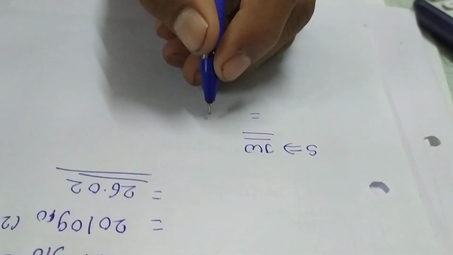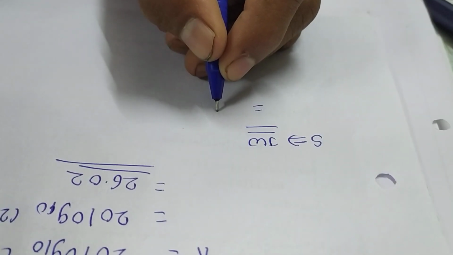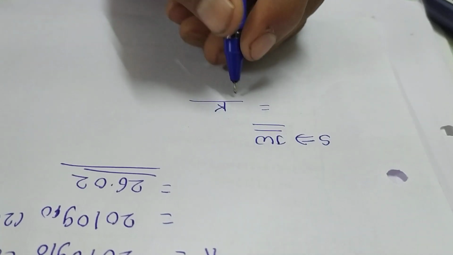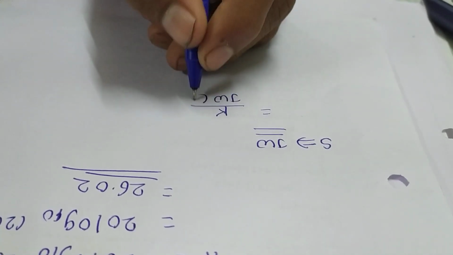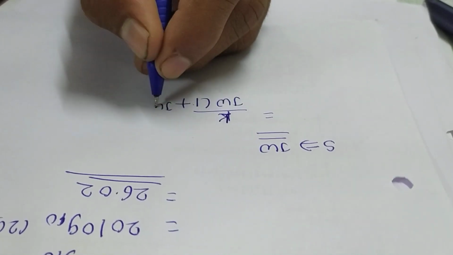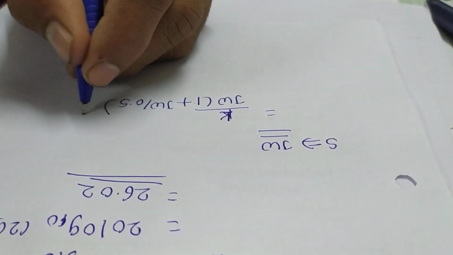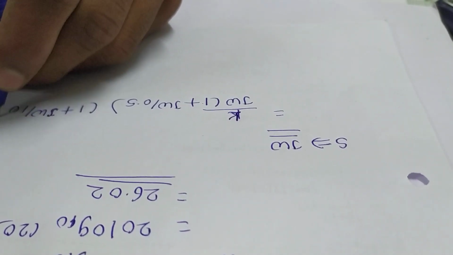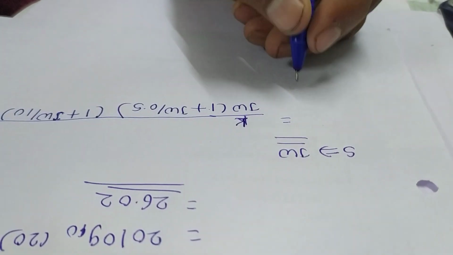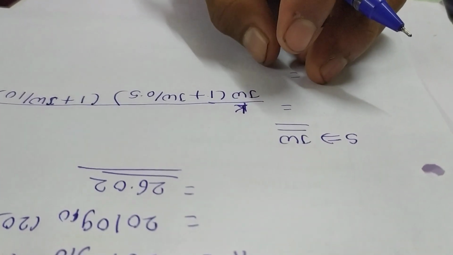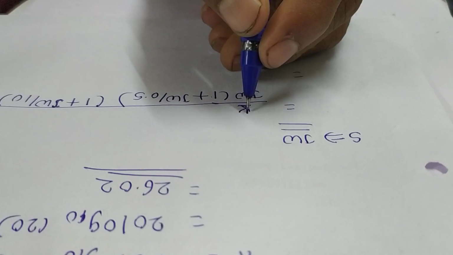So now the K is 26.02, and you have to write K upon j omega into 1 plus j omega upon 0.5 into 1 plus j omega upon 10. See, don't waste time drawing sub values and other things.